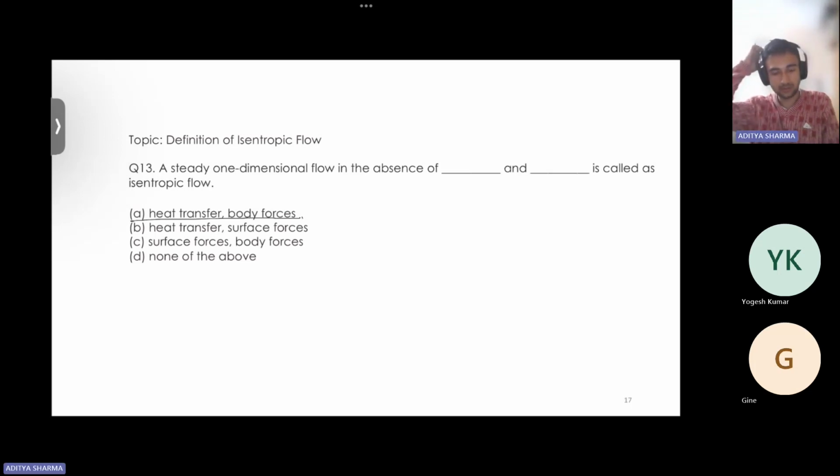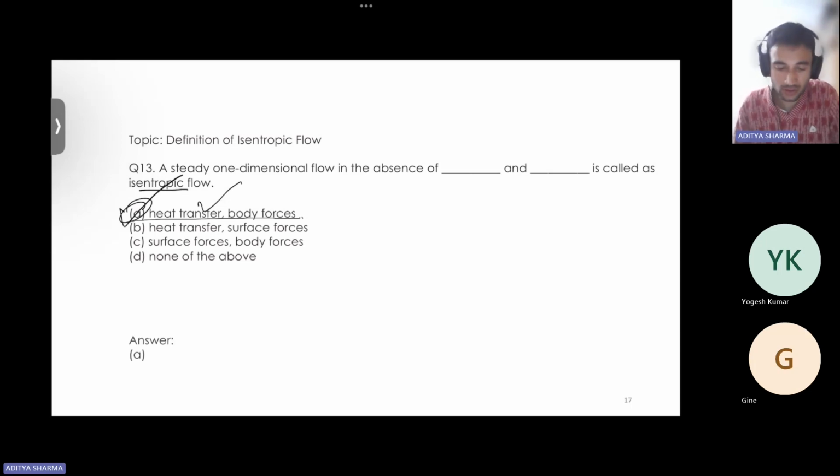All right, that is fine. So Yogesh is correct in this question. So heat transfer and body forces. I believe this is from one of the slides content. For isentropic flow, there must not be any heat transfer, and body forces should not come into picture. So A is the answer to this question.